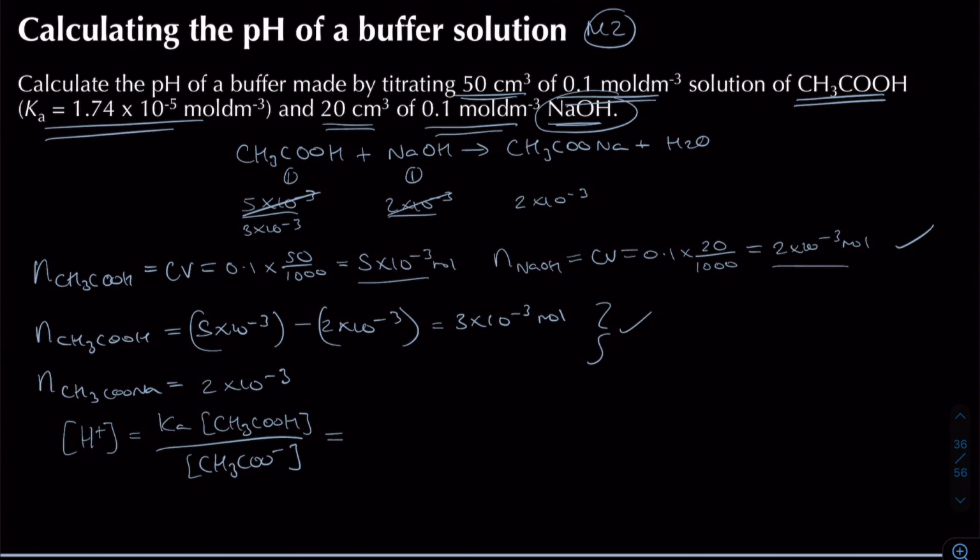So in that case, I'm going to have 1.74 times 10 to the power of minus 5, my Ka, times the concentration of my acid itself, which is going to be 3 times 10 to the power of minus 3. Remember, this is the bit a lot of people get wrong. That's why it's good to label your number of moles, and then divide that by the number of moles of my actual salt itself.